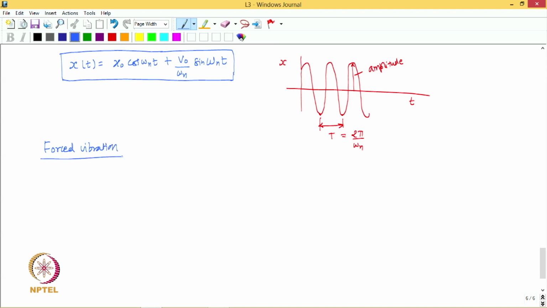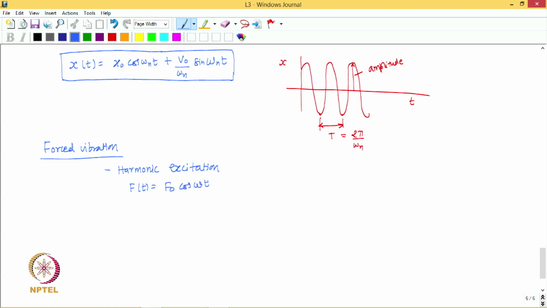Specifically we are going to consider the harmonic force, harmonic excitation, which means that we will assume the force be of the form f of t is equal to f naught cos omega t.